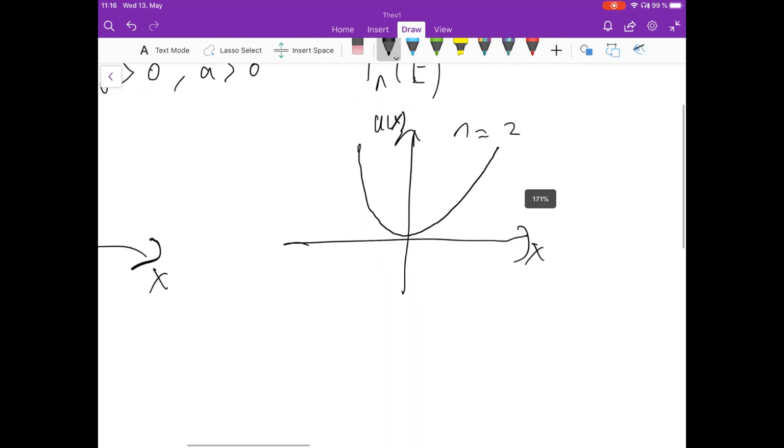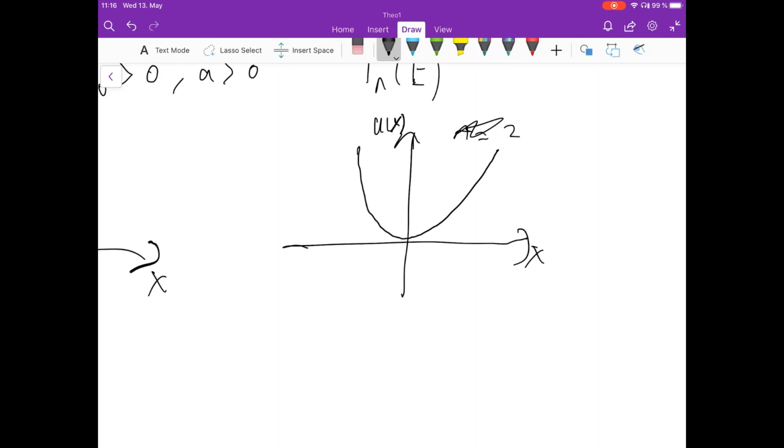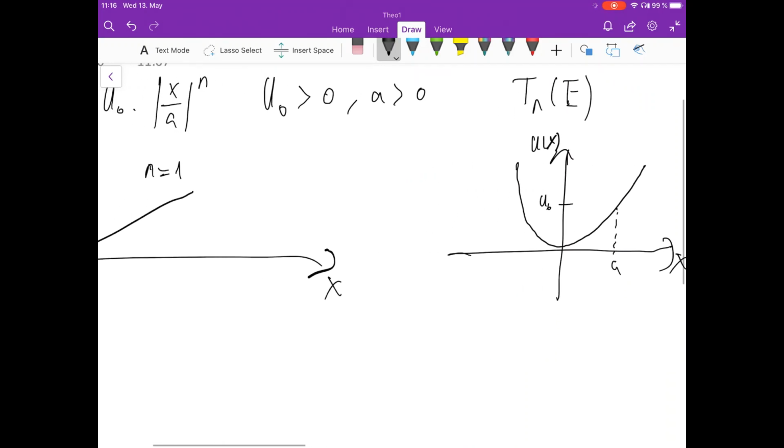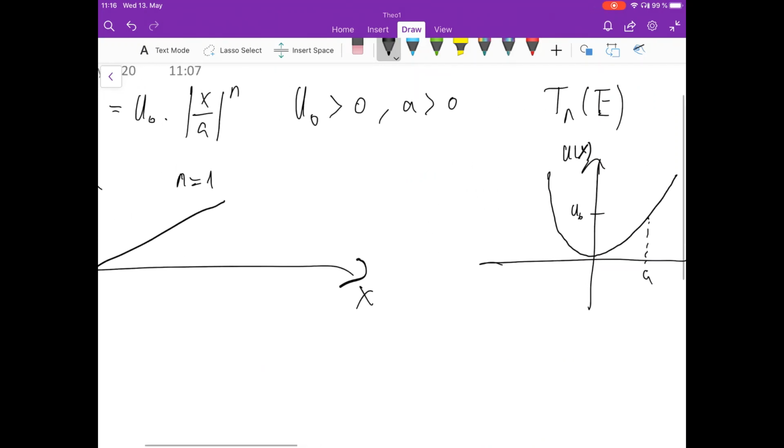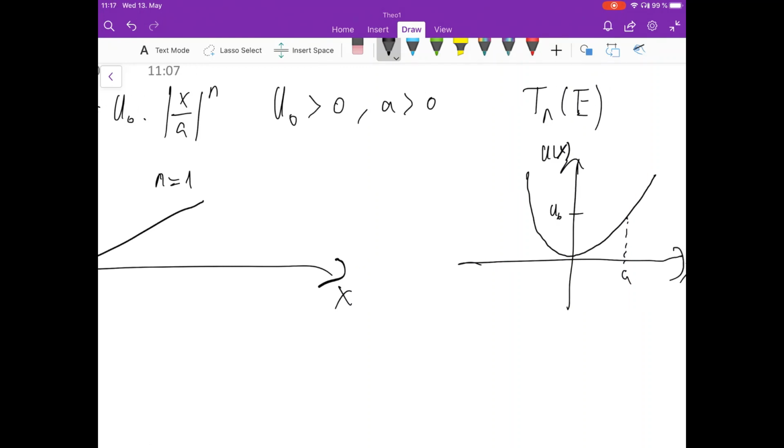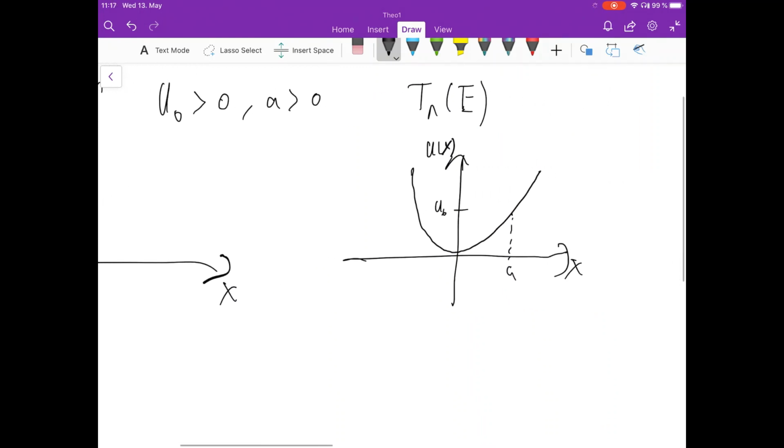Maybe we should also write down what U_0 and a in a function mean. For a given function, let's say this is not equal n, but a function U(x), any given function, we can define this function by picking a U_0 and a corresponding point a, where for x equals a it should be equal to U_0, because a divided by a to the 1 over n is 1, and U(x) is going to be U_0.